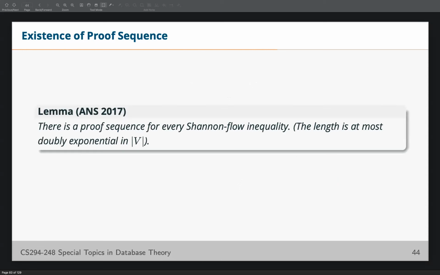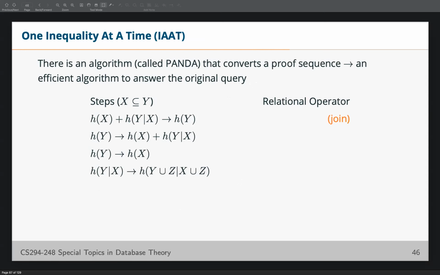How do we do that? It goes like this. The composition will become a join. A decomposition is actually partitioning the data into parts.